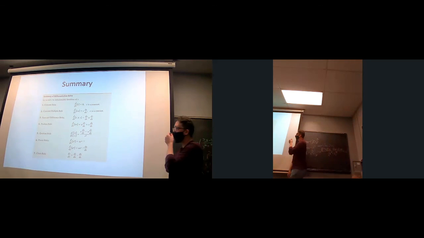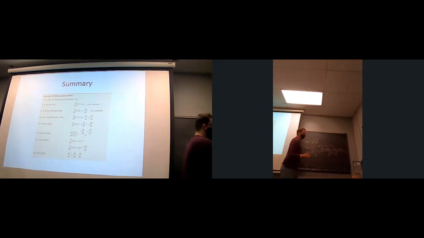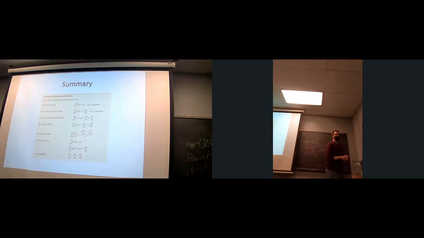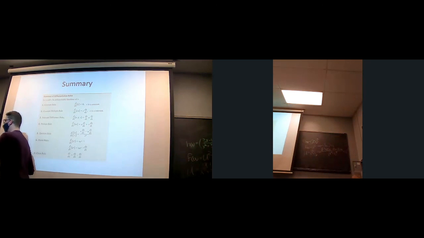Similarly for subtraction. The product rule tells us that the derivative of f times g is going to be the derivative of f times g plus g times the derivative of f. I said that backwards. I just said the same thing twice.